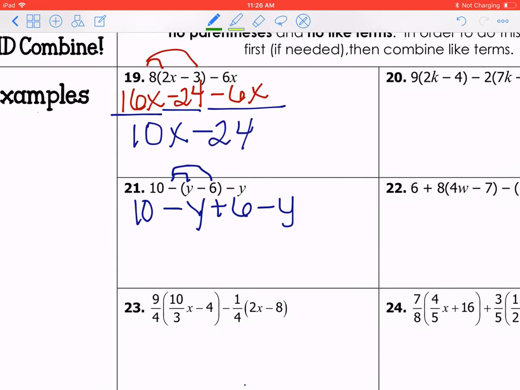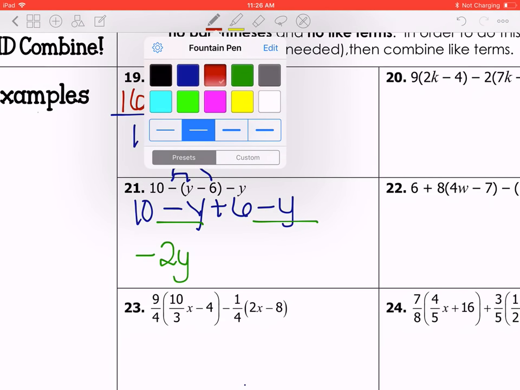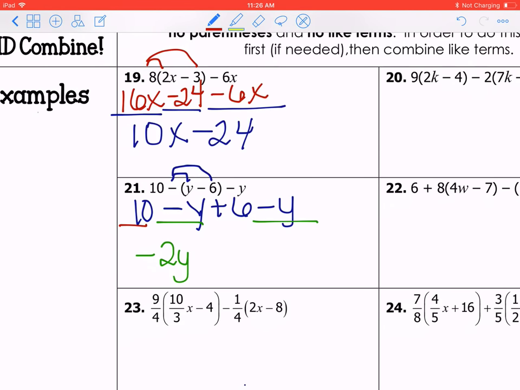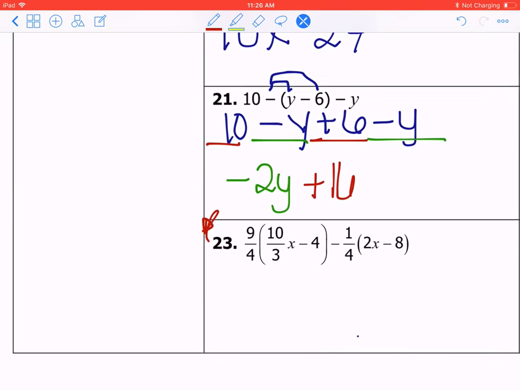Combine like terms. Negative y minus y is a negative 2y. 10 plus 6 is a positive 16. 23 is going to be a real treat. So let's go ahead and focus on 23.